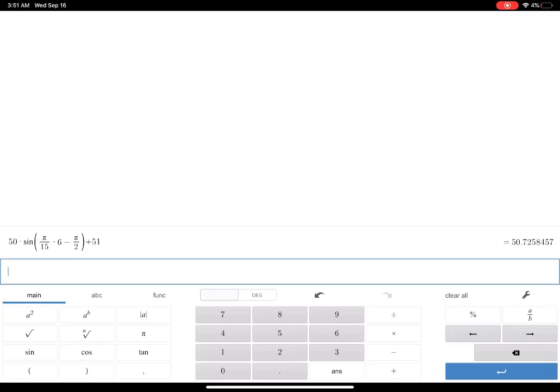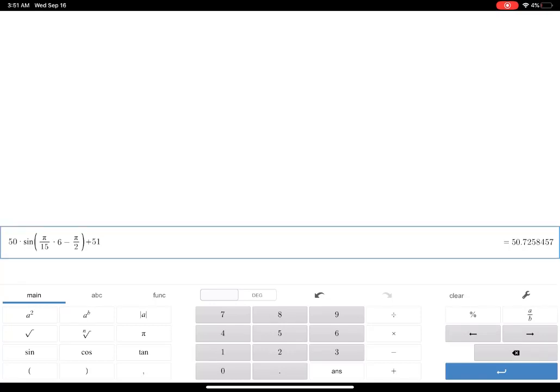So this answer doesn't look reasonable because I'm in degree mode. So be careful there. If I switch it to radian mode, it gives me the correct answer. All right, so in radian mode, the correct answer is 35.51.